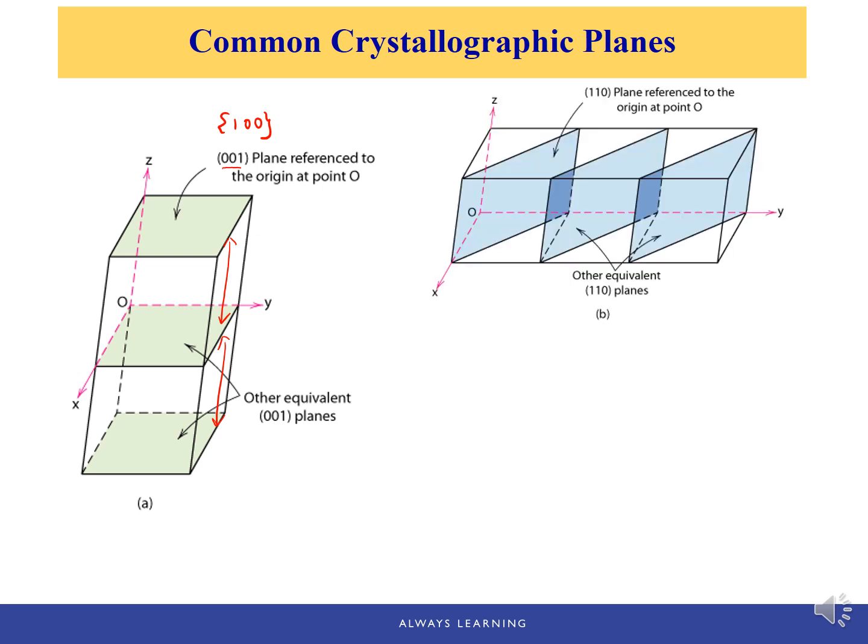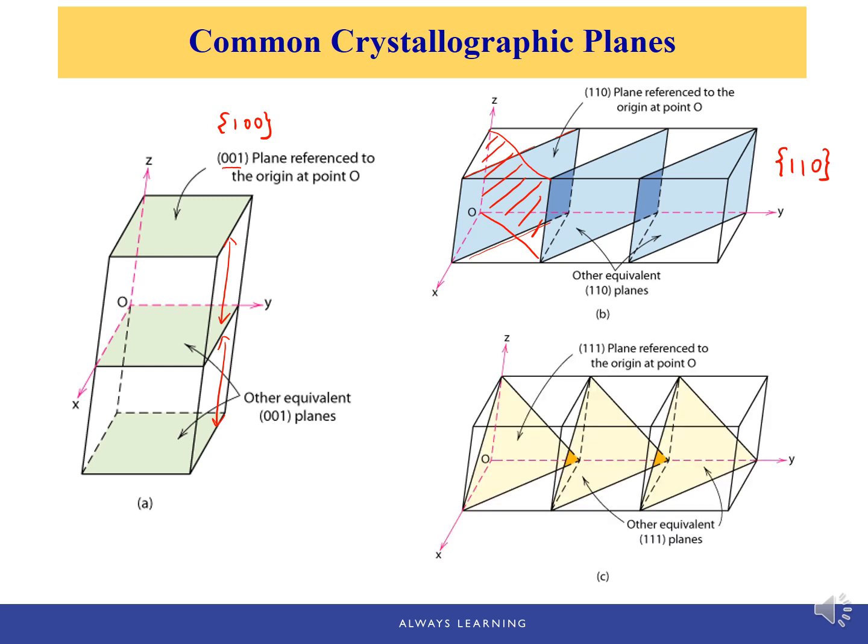Another set of planes is the 1, 1, 0 plane, which passes through the face diagonal. And this is the 1, 1, 0 plane. Again, all the planes that pass through the face diagonal, for example, you can draw another one, belong to this 1, 1, 0 family of planes.